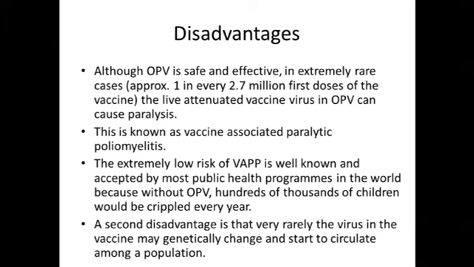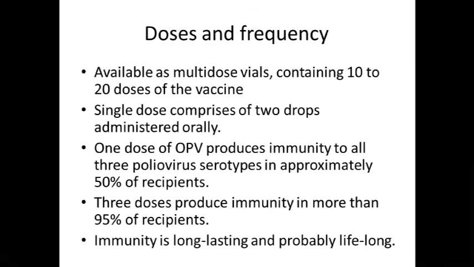Now, if you look at the overall risk of VAPP, it is definitely very low. So the question is whether the benefit of giving oral polio vaccine in preventing poliomyelitis is higher than the risk associated with vaccine-associated paralytic poliomyelitis. From the figures given here, this risk is very low.